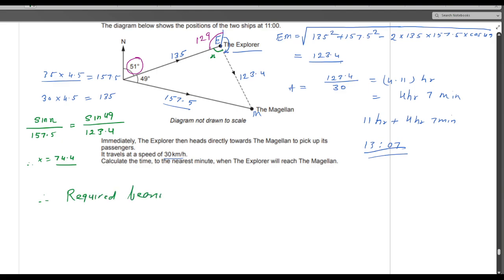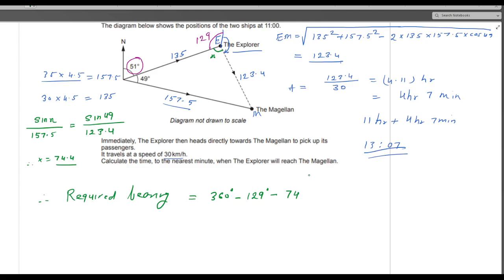Therefore the required bearing is 360 minus 129 minus 74. Now when we are writing bearing, it is in 3-digit format, but sometimes up to 1 decimal place is okay.